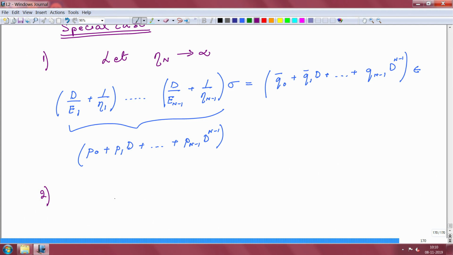So, another case, if you want, instead of the viscosity tending to infinity, what happens if the elasticity tends to infinity?